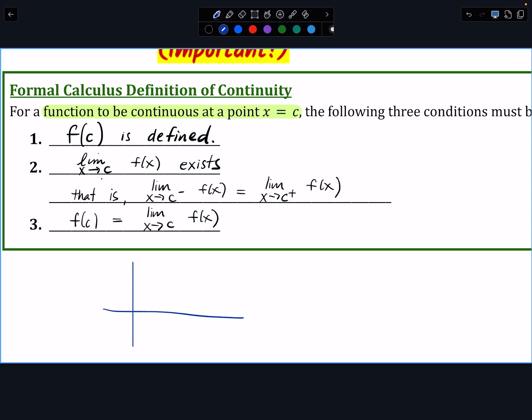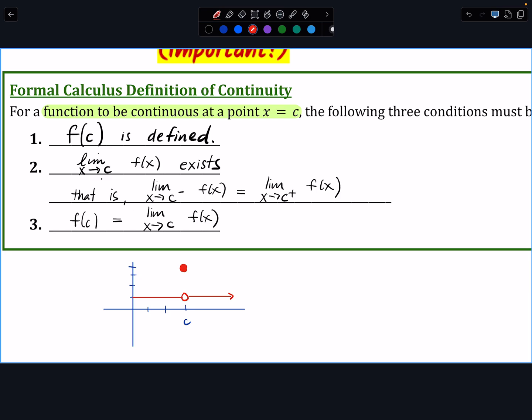You don't have to draw this, you can just watch. Let's say we have a function like this. Is f of c defined?